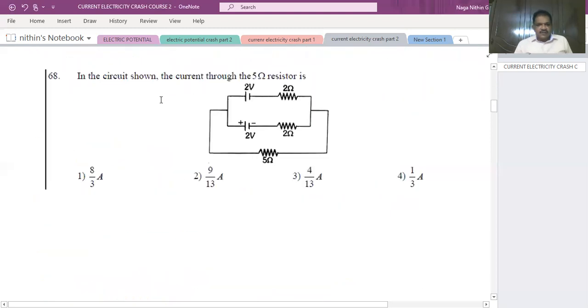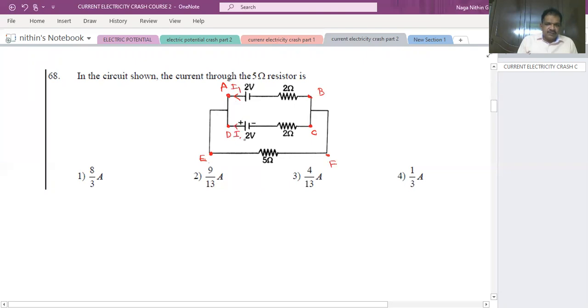See the next question. In the circuit shown in the figure, what is the current flowing through the 5 ohm resistance? I will note some points here. This is A, this will be B. You take any points, C, D, E, F. Current coming from this battery, I am assuming I1.